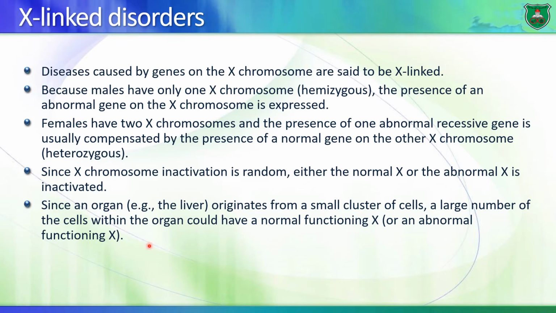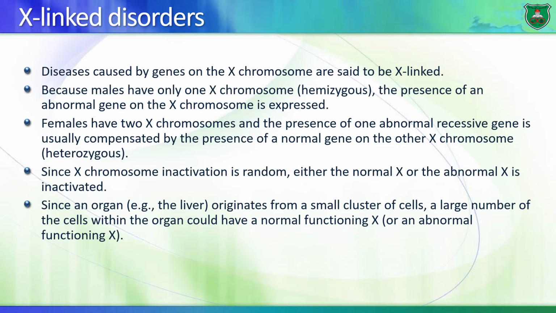Now females have 2 X chromosomes, so they are heterozygous. Okay. Now, since we have this phenomenon of X chromosome inactivation, that would affect the inheritance pattern, or let's say the showing of symptoms on the X chromosome. Okay, so again, pay attention to that, and we'll talk about it in a few seconds as well.